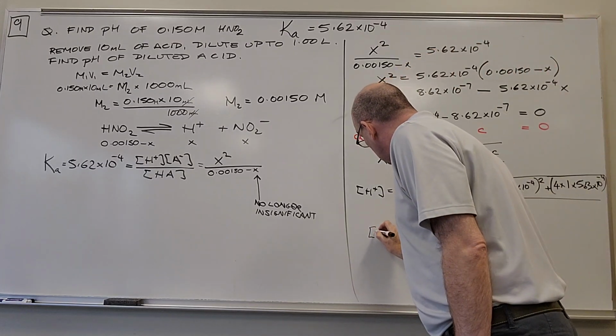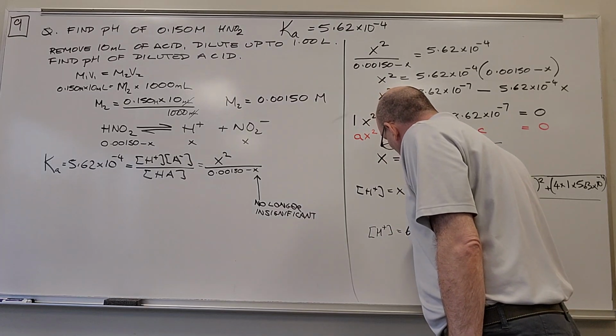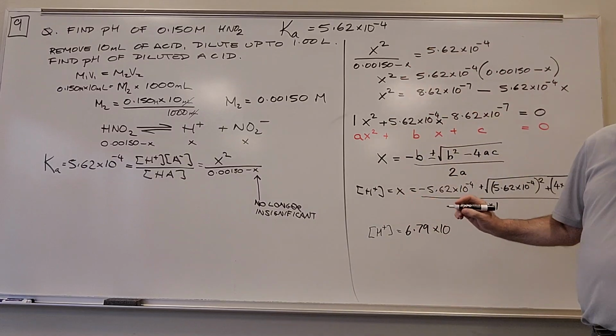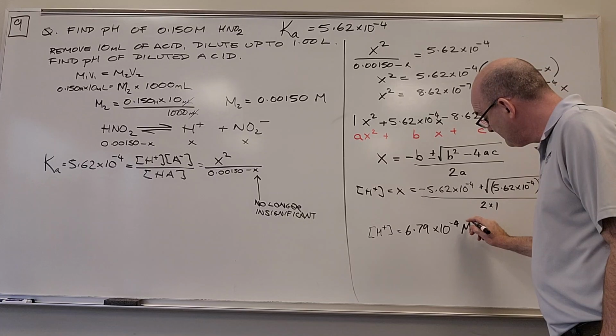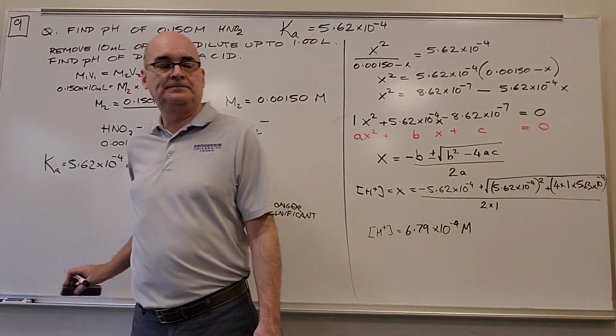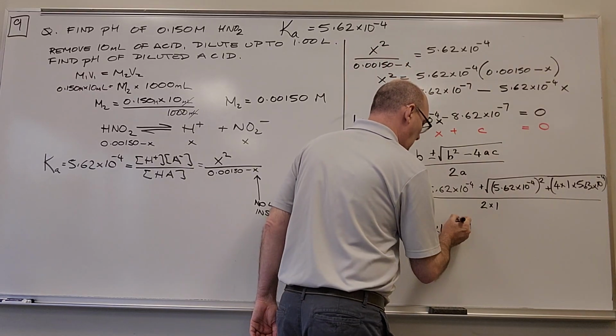So our H plus equals 6.79 times 10 to the negative 4 moles per liter.